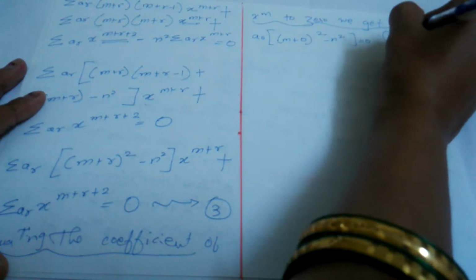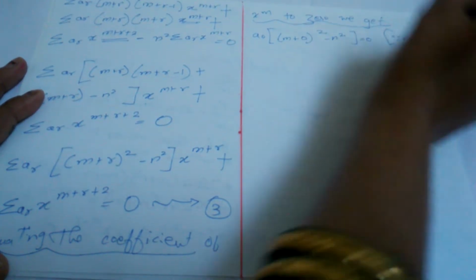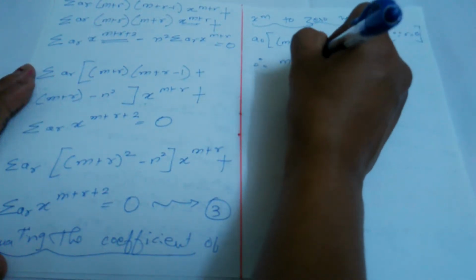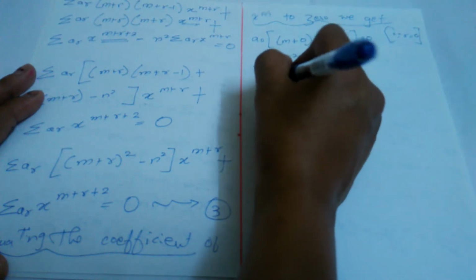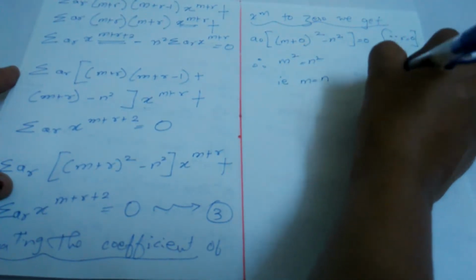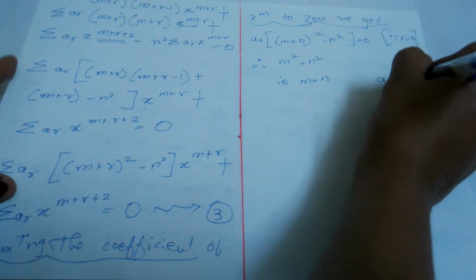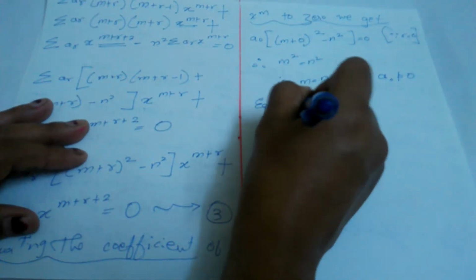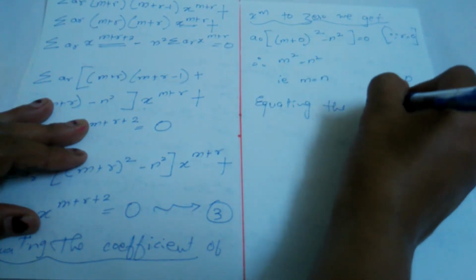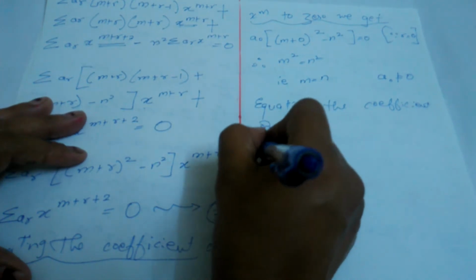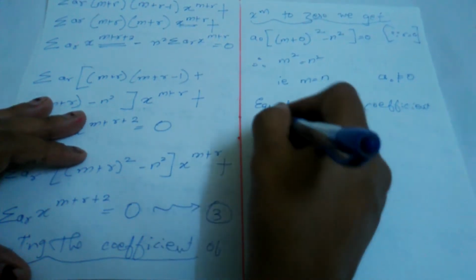As the value of r is 0, what we are getting is m square is equal to n square, that is m is equal to n, but the value of a naught is not equal to 0. Similarly, we are equating the coefficient of x raised to m plus 1.